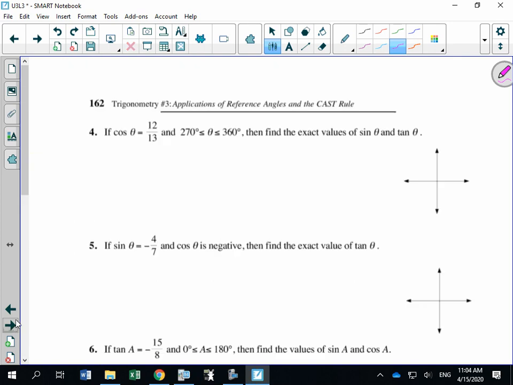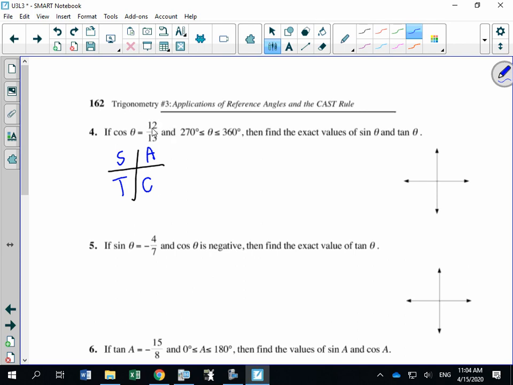Okay, so question 4, they give me the cos of theta. What I want everybody to do is draw your Cartesian plane, write CAST, and please put a check mark. Ask yourself, is cos positive or negative with this ratio?